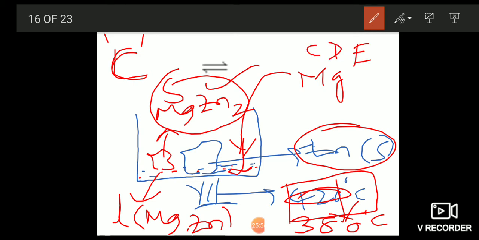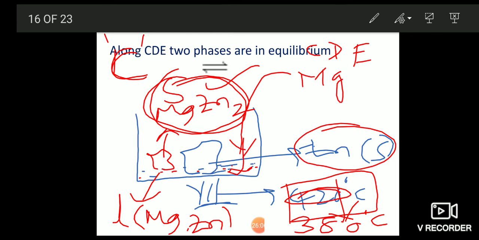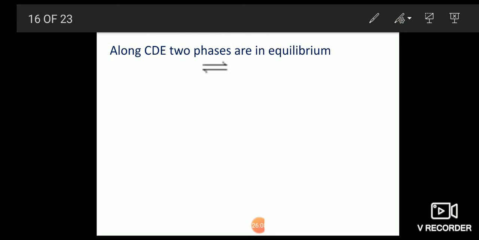After C, the solid MgZn2 is in equilibrium with the melt. That is, along the curve CDE, two phases are in equilibrium: solid MgZn2 and melt. That is, it has started forming a new compound, MgZn2.